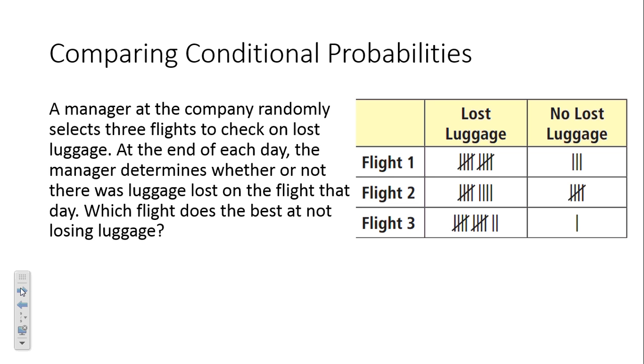Okay, 13 people. 9 times, right? And no lost luggage 5 times. And then we had 12 and 1. So we would like you to figure out which flight does the best at not having lost luggage.